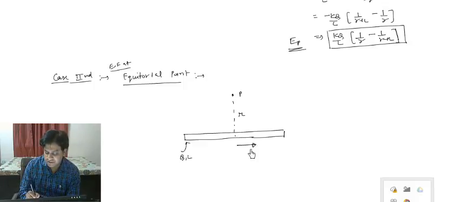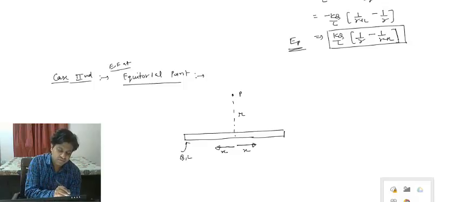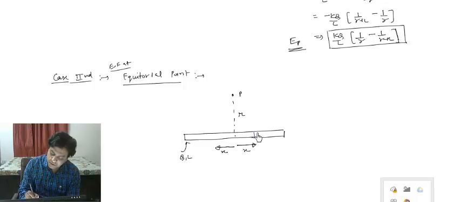In this rod, at distance x here and at distance x here, we will consider small elemental charges. This length is dx, this length is also dx.